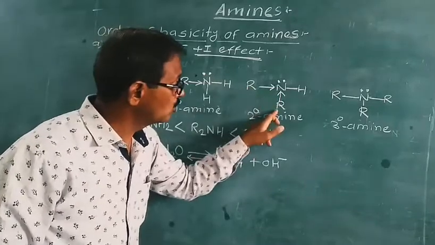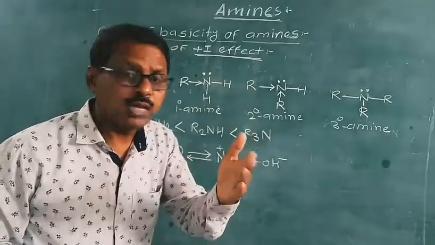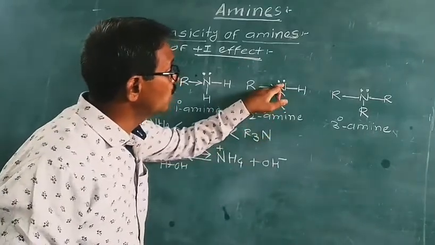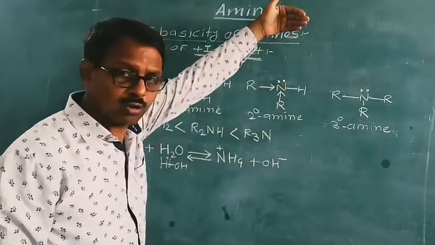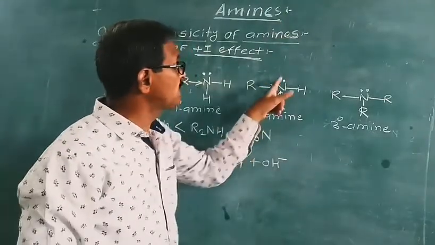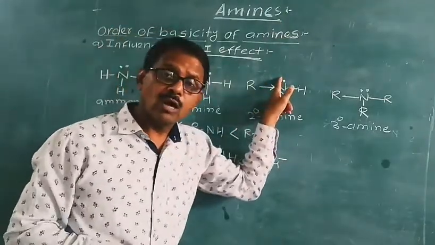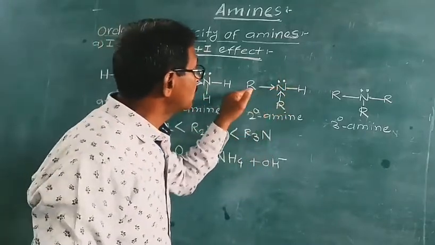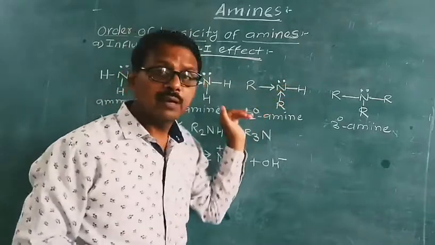The property of these alkyl groups is that they are electron donating groups. They have the capacity to donate the pair of electrons. When this nitrogen donates the pair of electrons to the proton or electron deficient species, it carries the positive charge and becomes electron deficient, and to become stable, it accepts the electrons from these two alkyl groups and becomes stable.